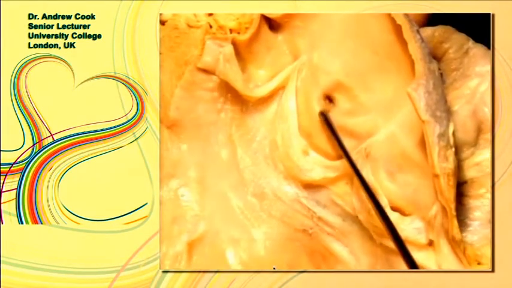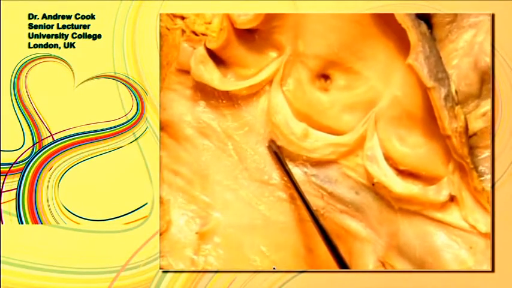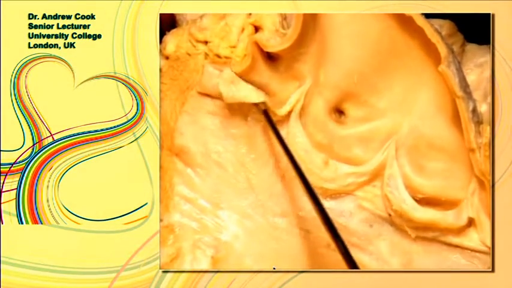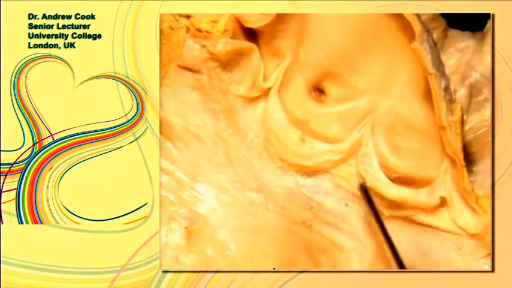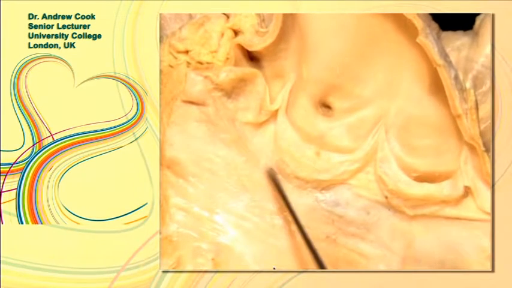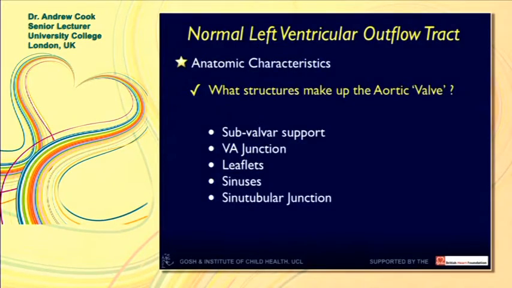It would include each of the sinuses, the left, the right, and the non-coronary sinus within the aortic root, and then would include the leaflet tissue, really to the basal attachment of the leaflets. And you can see the leaflets extend into the ventricle, and I'll describe that in a bit more detail in a minute. So the aortic root extends from the sinutubular junction then to the basal attachment of the leaflets.